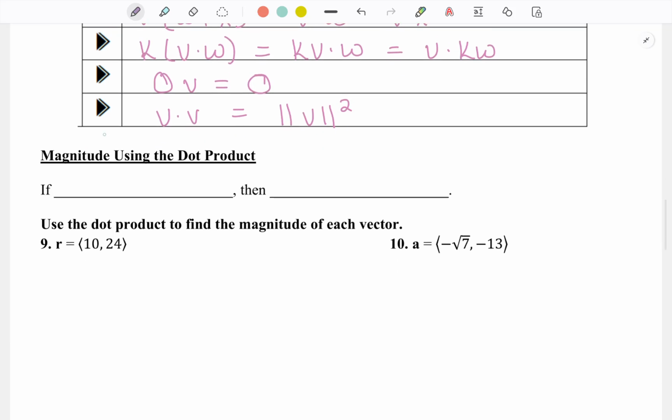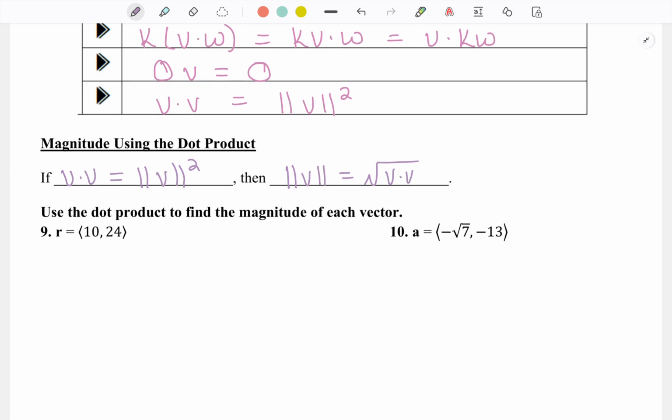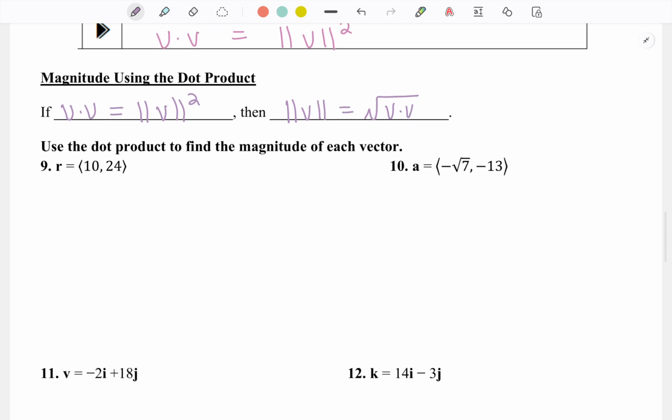So if V times V is the magnitude of V squared, then the magnitude of V is equal to the square root of V times V. So what we're going to actually be doing is finding the dot product and then taking the square root of it.